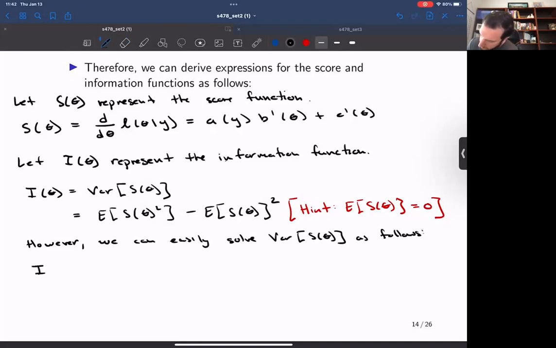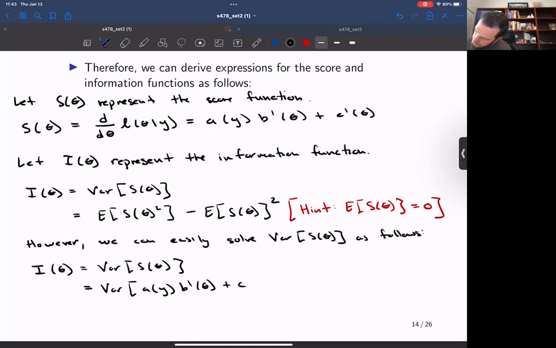So we have I theta is equal to the variance of S theta, which is equal to the variance of a y b prime theta plus c prime theta, which is equal to b prime theta squared multiplied by the variance of a y.